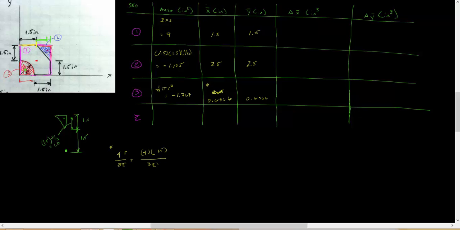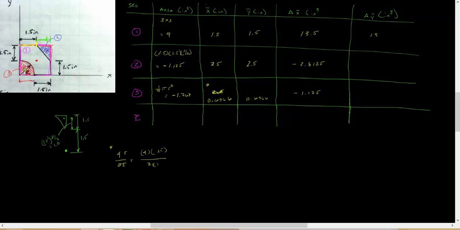Now it might be different if it was up top, but it's on the bottom, so we're not having to add any additional length to the centroid of that segment. Now all we're doing is multiplying area times x bar, area times y bar. So here I'm going to get 13 and a half. Here I'm going to get negative 2.8125. Here I'm going to get negative 1.125.